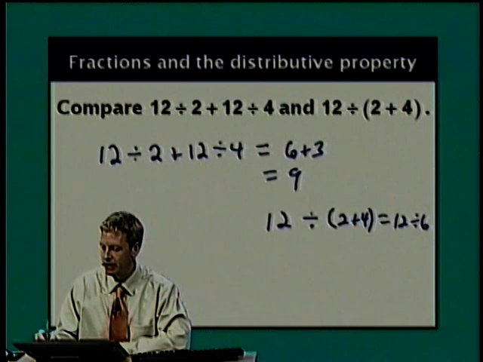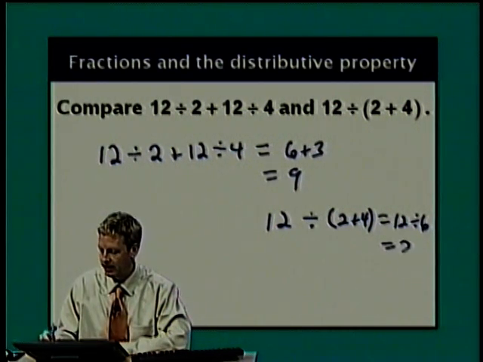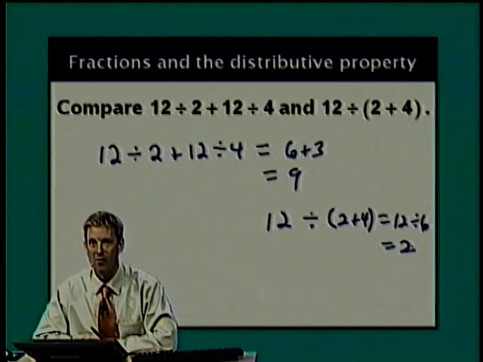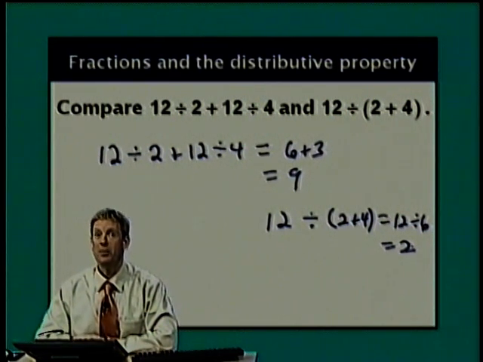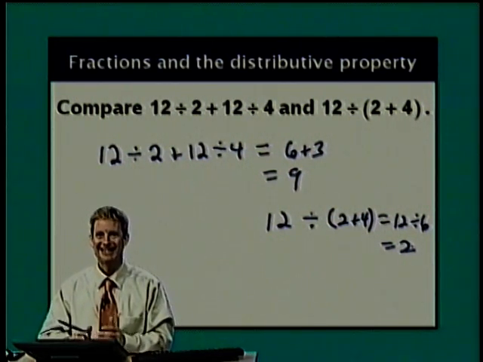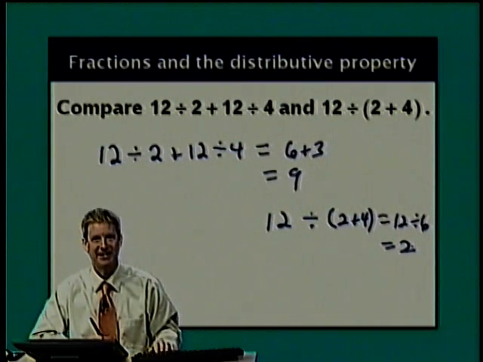So this is going to be 12 divided by 6, which is 2. So this time, the division is not distributing over the addition. It turns out that division distributes over addition only if the addition is on the left side of the division.